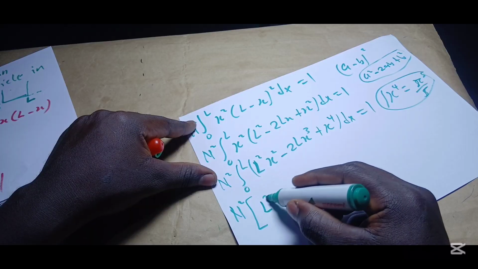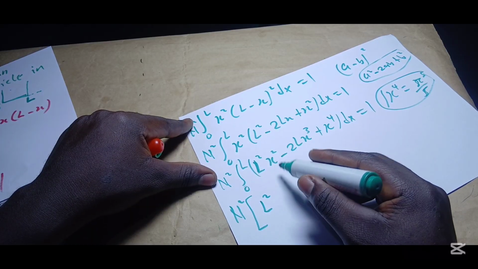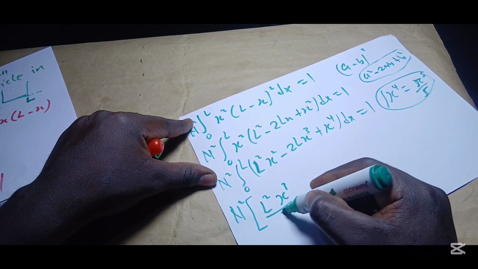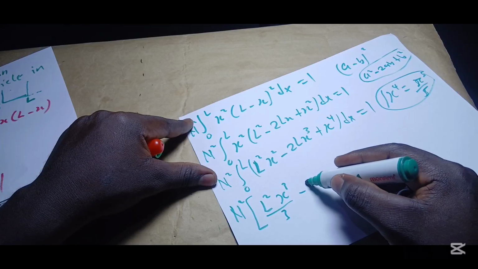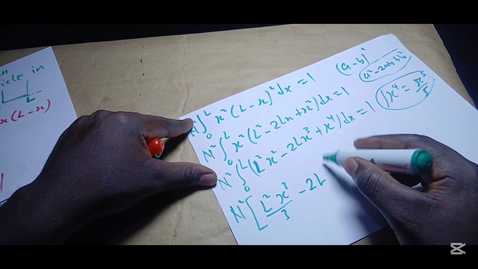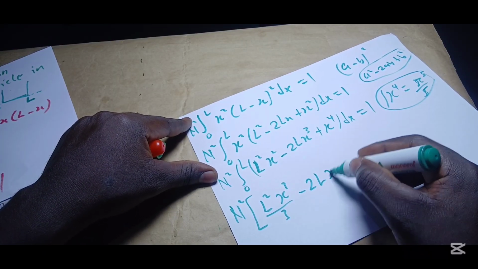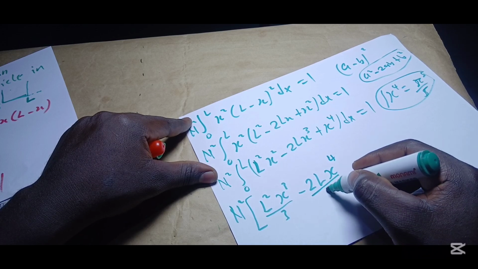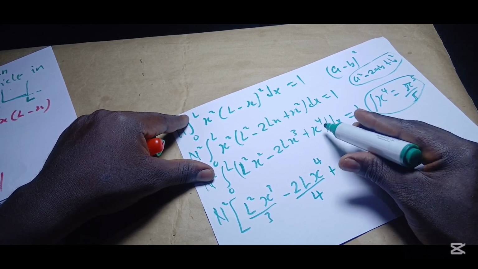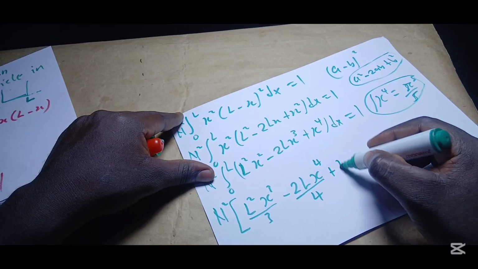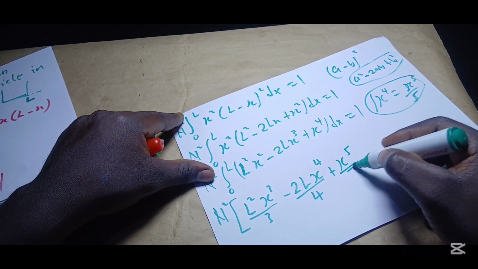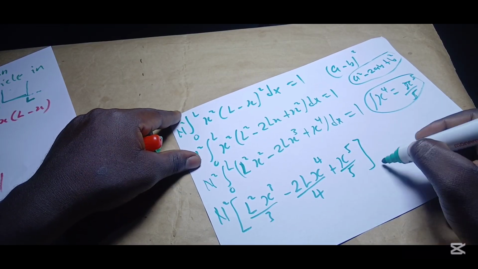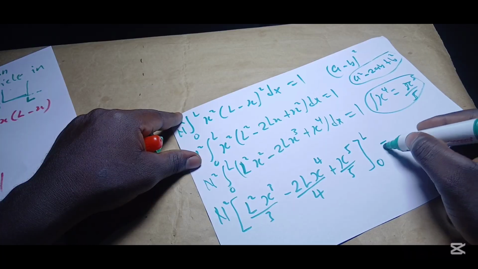So we get L squared, x to the power 2 gives us x to the power 3, then we divide everything by 3, minus 2L, x to the power 3 integrating gives us x to the power 4 all over 4, plus x to the power 4 integrating gives us x to the power 5 over 5. Our limit of integration is from 0 to L, equal to 1.